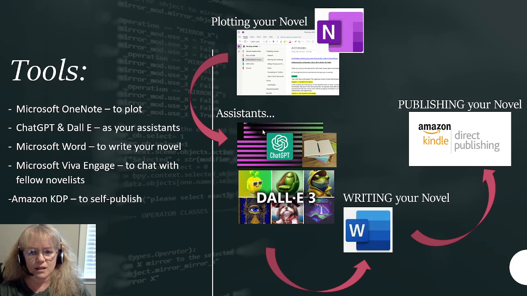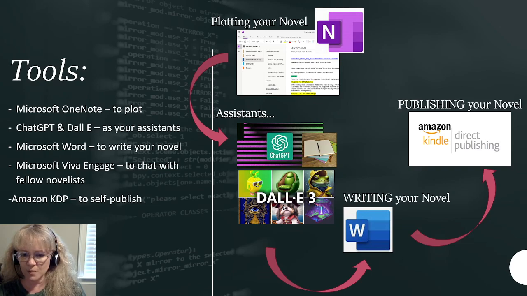And then you're going to have all these assistants. Think of them as assistants. They're people, robots, that are going to help you write your story. So you're going to have ChatGPT. You might even have a regular notebook, and that's okay too. So go ahead and find a beautiful one with a great, beautiful cover and keep it along for the ride. And then DALL-E, I put DALL-E 3 here, but I'm not sure which one is the free version at this point.